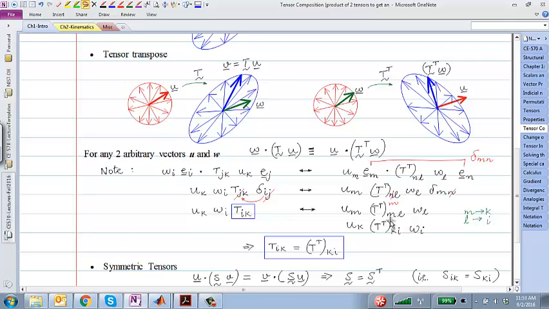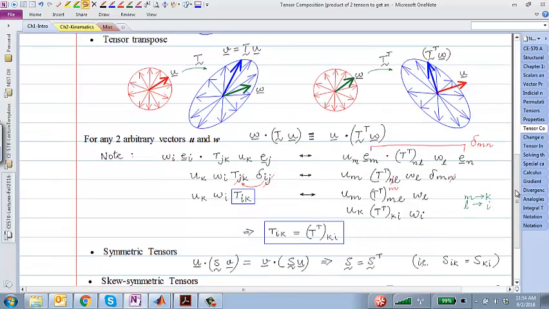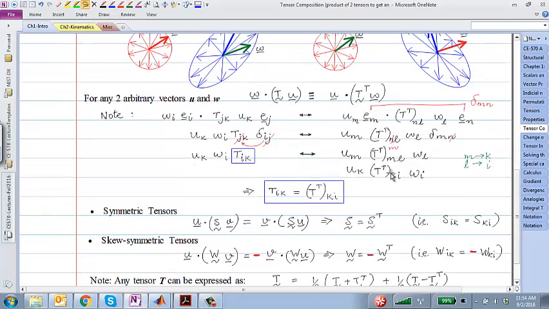So you should be able to see that this is equal to this, which is what I've listed out here. That's why taking a transpose means switching the rows and columns. It's not the other way around. You define the tensor transpose first, and the fact that tensor transpose means you switch the components gives you the property of the matrix transpose.